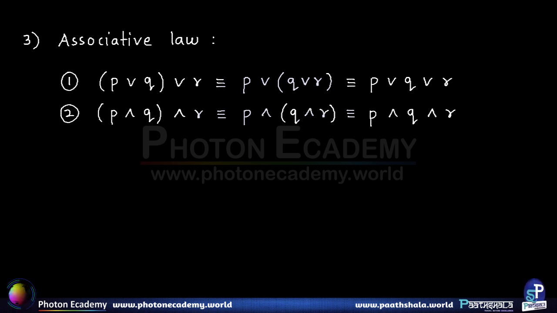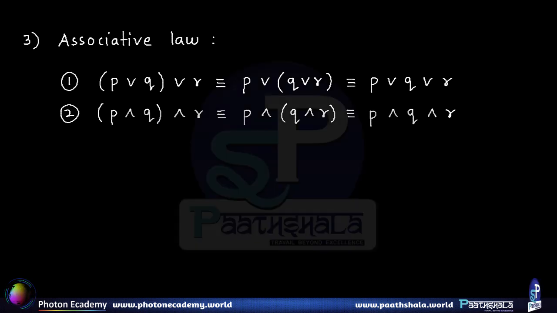Exactly the same rule applies for conjunction also: you can associate any two elements first with the conjunction and do the conjunction of that with the third element. But just to repeat, the associative law applies only when there are three elements joined with the same logical connective. So both should be AND or both should be OR.